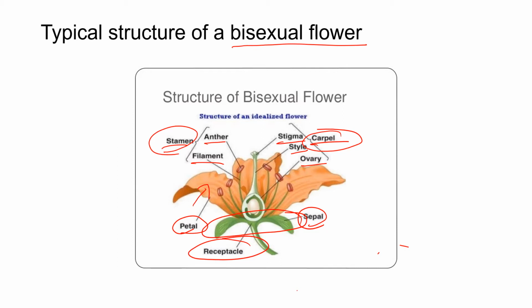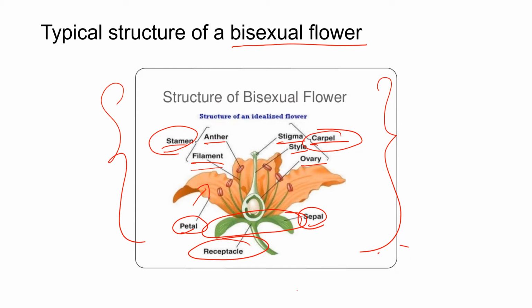We are going to study these parts in detail in the coming slides, but here we are just getting acquainted with this diagram. Okay, is it clear to everyone? This is the anther, the filament, style, stigma, ovary; this is the carpel, the female part, and this is the male part.